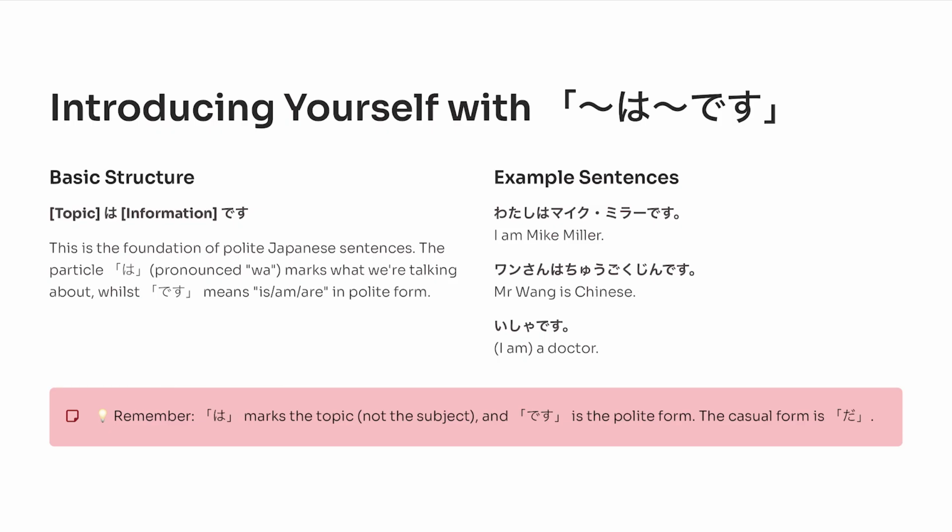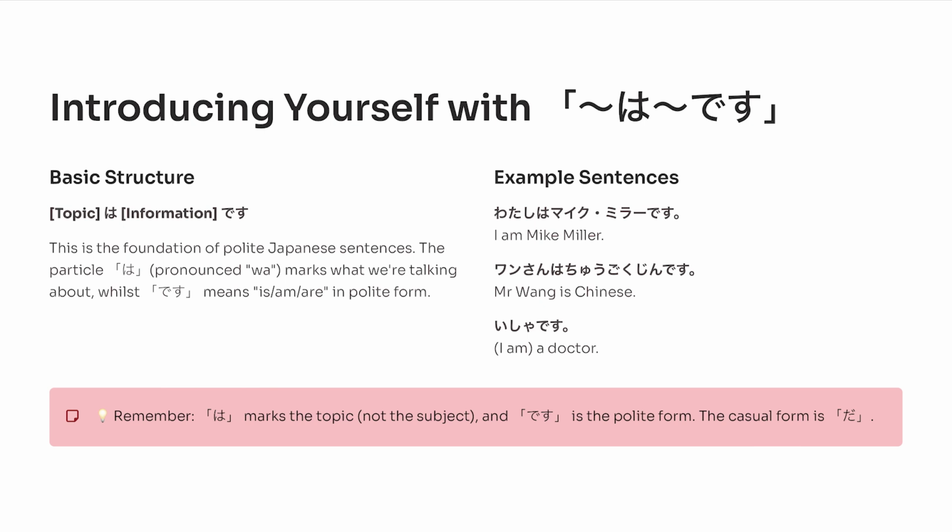Alright, let's start with the most basic Japanese sentence pattern. Topic wa information です。This is how you introduce yourself or say something simple about someone or something. The particle wa marks the topic, what we're talking about, and です is the polite form of is or am.